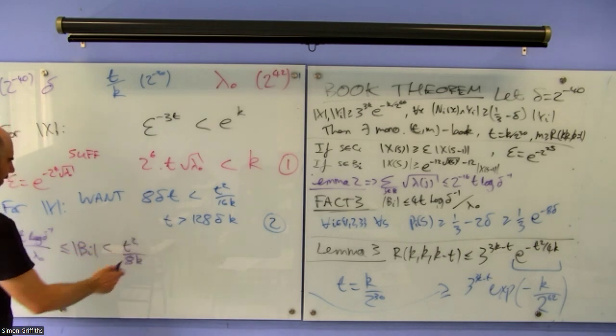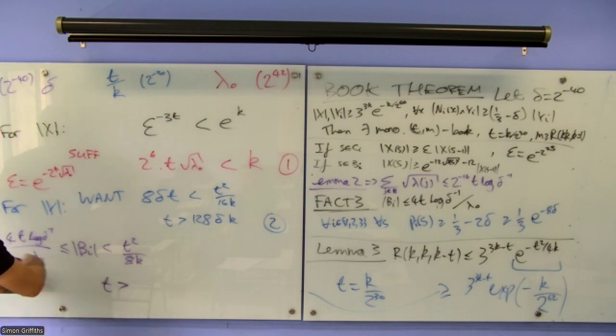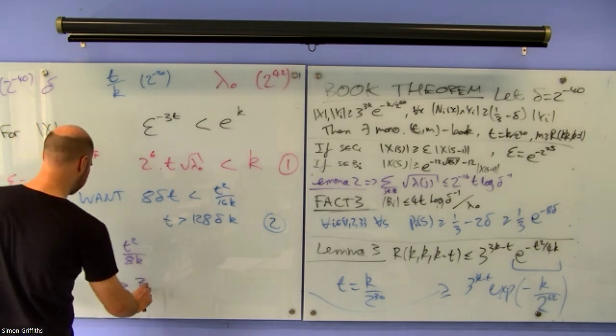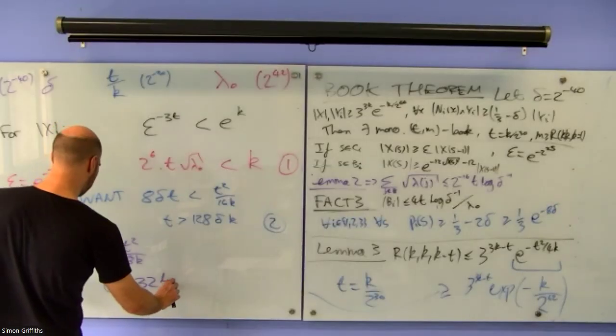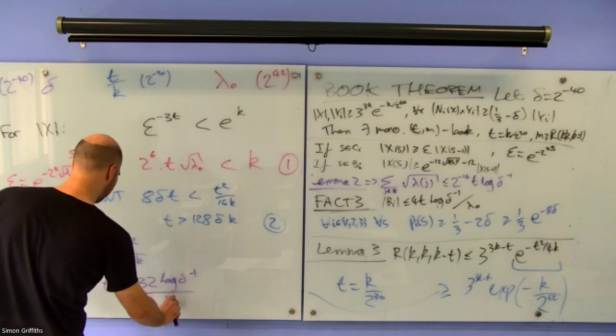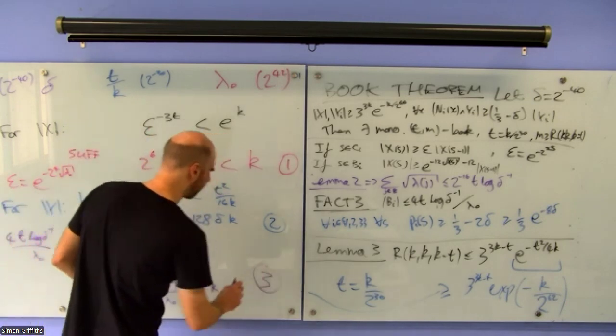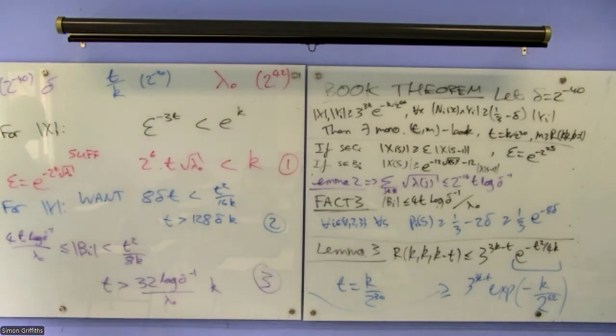Again, it's going to give a bound like t is bigger than, this time, what is it, 32 log 1 over delta over lambda 0 times k. So, yeah, each of these things is a little bit of work, but you can work out the necessary dependence you need between the different parameters.